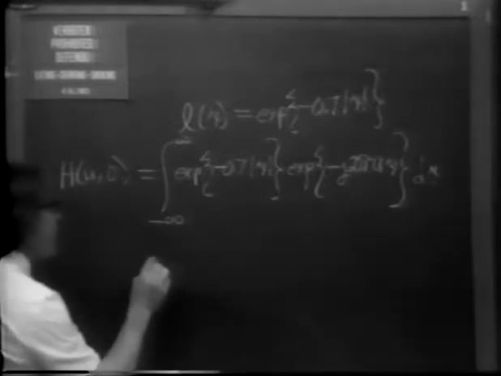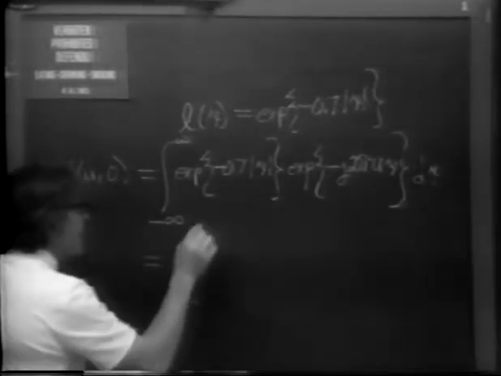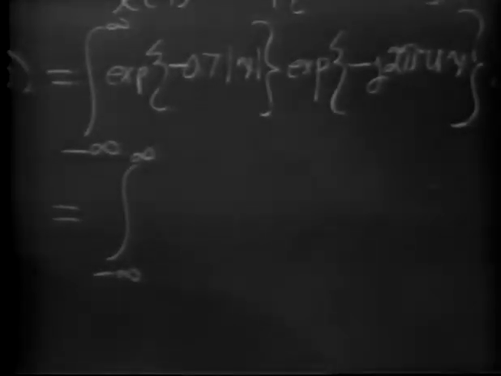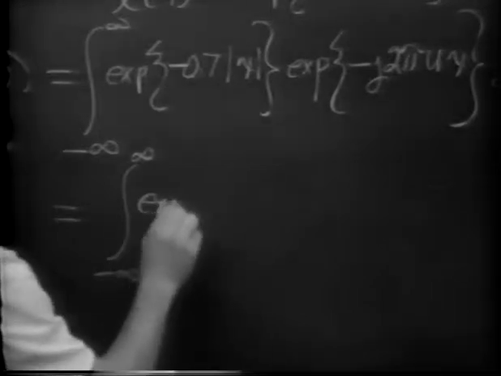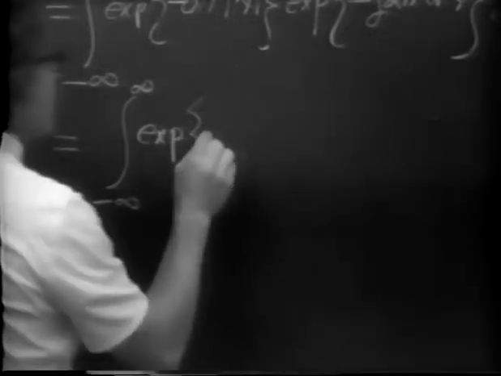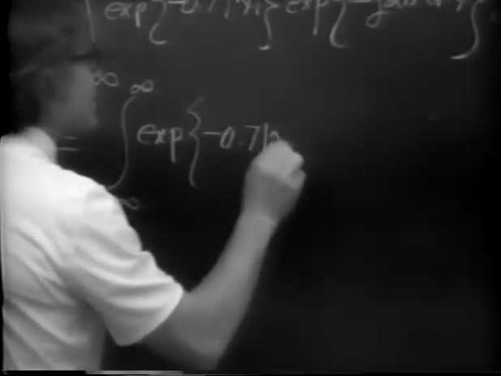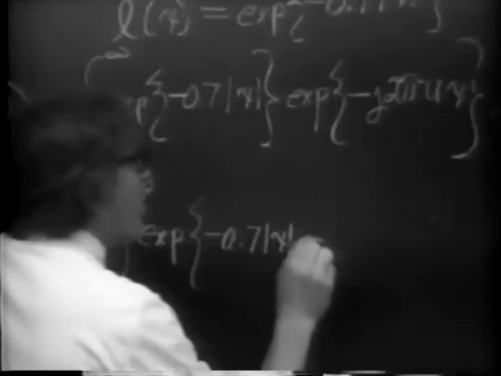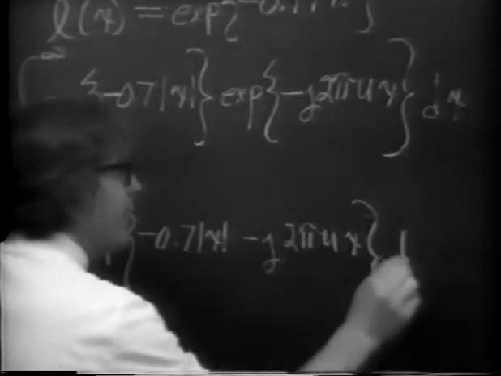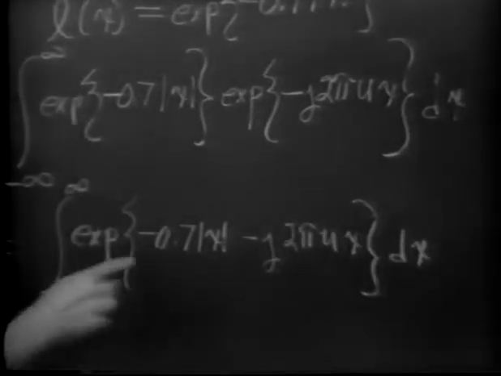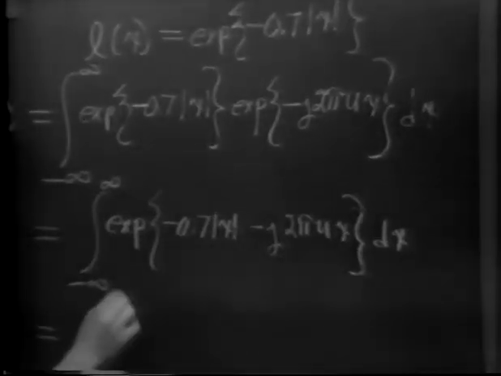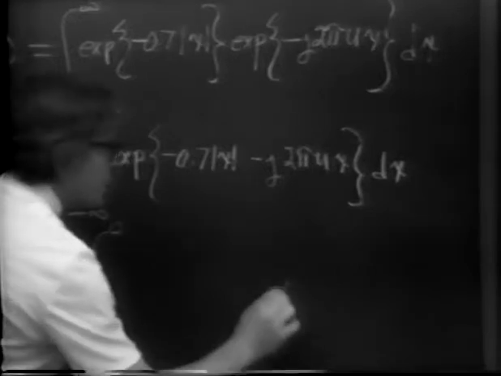Okay, so I can simplify this without any integration tables about the Abel transform, Hankel transform, or anything, and combine the arguments of the exponential term. It would be minus 0.7 times the absolute value of x minus j 2 pi ux dx. And to get rid of the absolute value, let me break this up into two integrals, one from minus infinity to 0, and the other from 0 to infinity.